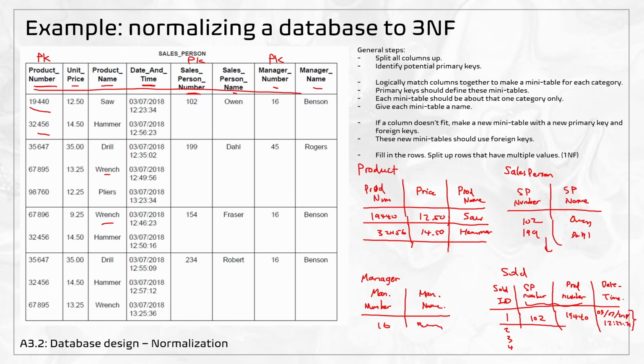Now, in number 2, we've got 102 again, because it's the same salesperson, but the product number will be different. It will be 32456, and it will be the 3rd of July 2018, but this time at a different time, 12:56:23. And you can keep going like this until you fill in every row. And there we go. That's the table normalized to 3NF.